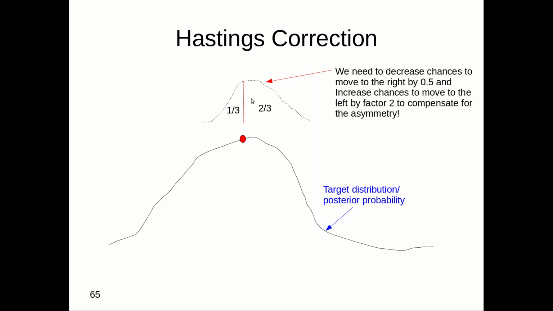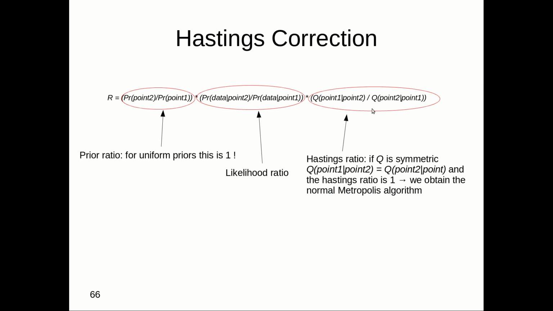So if I have a proposal distribution that for some reason moves to the right in 66% of the cases and to the left in 33% of the cases, we somehow need to decrease the chances to move to the right by 0.5 and increase the chances to move to the left by a factor of 2 to compensate for this asymmetry and to get a proper approximation of our posterior probability distribution.